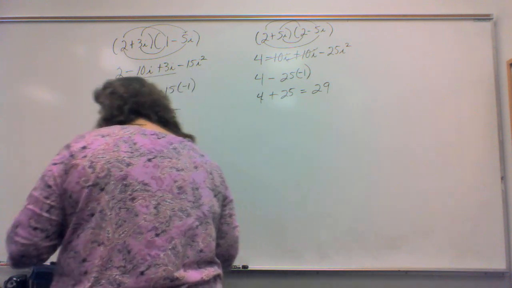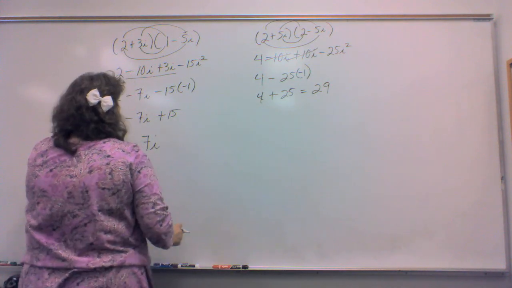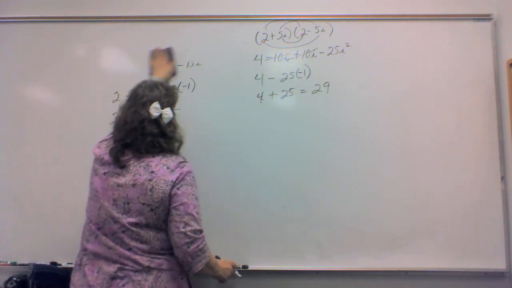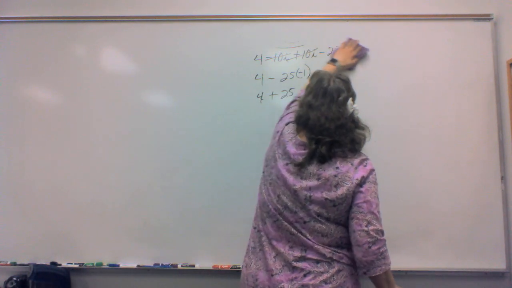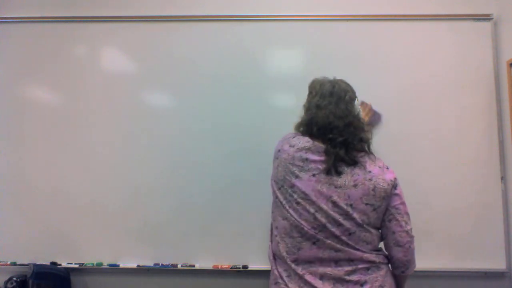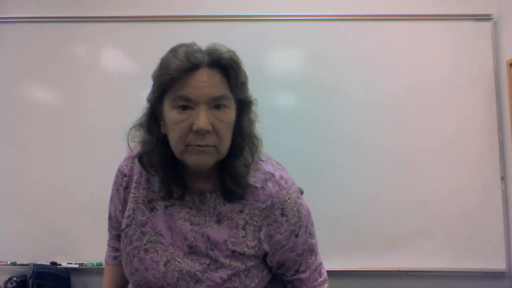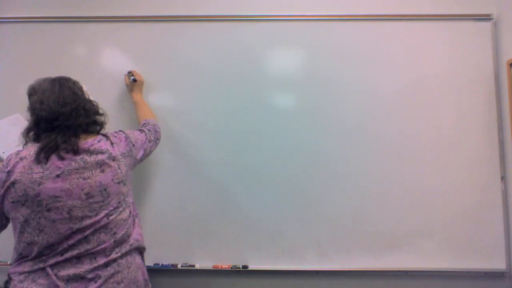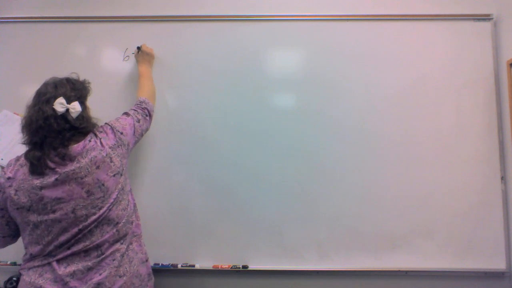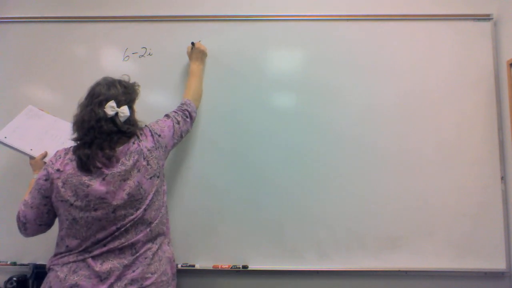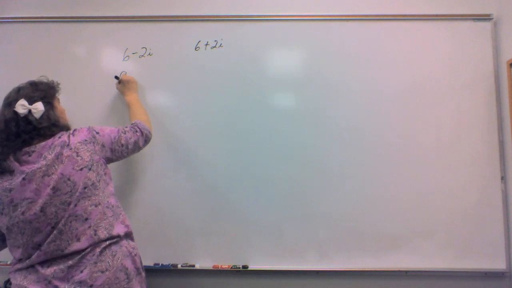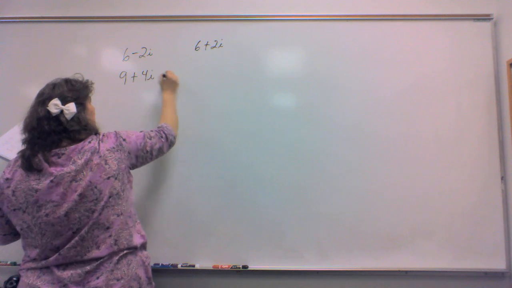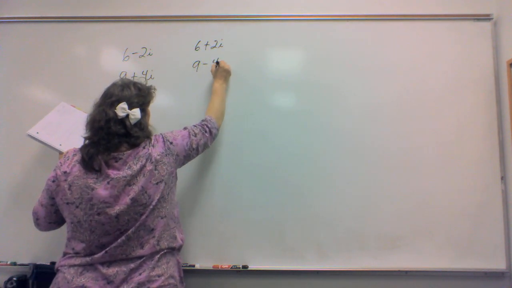So when we go to division, which is next, we're going to use that conjugate to simplify these. So let's look at division of these. Just like in your other work, 6 minus 2i, your conjugate is 6 plus 2i. Only difference is the sign. 9 plus 4i, conjugate is 9 minus 4i.